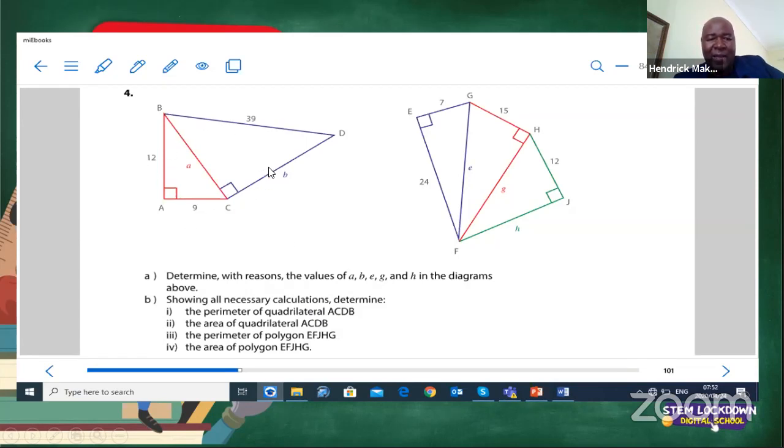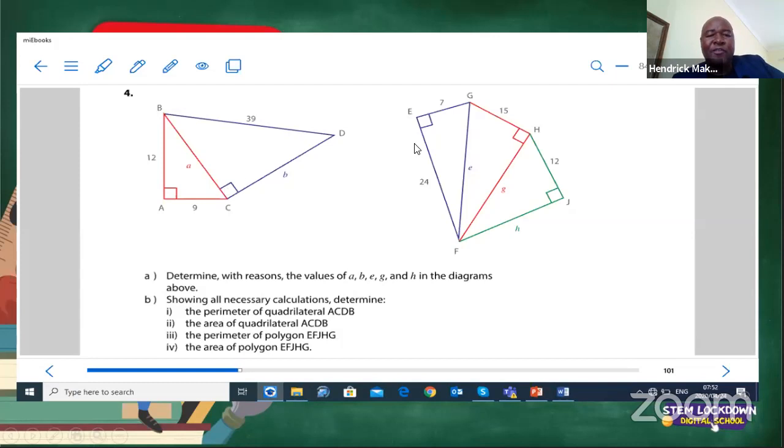This entire quadrilateral, this four-sided figure. Yes, you can start by saying ACDB if you name your quadrilateral there. And of course, you must find the perimeter of this quad. You must also find the area of this quad.